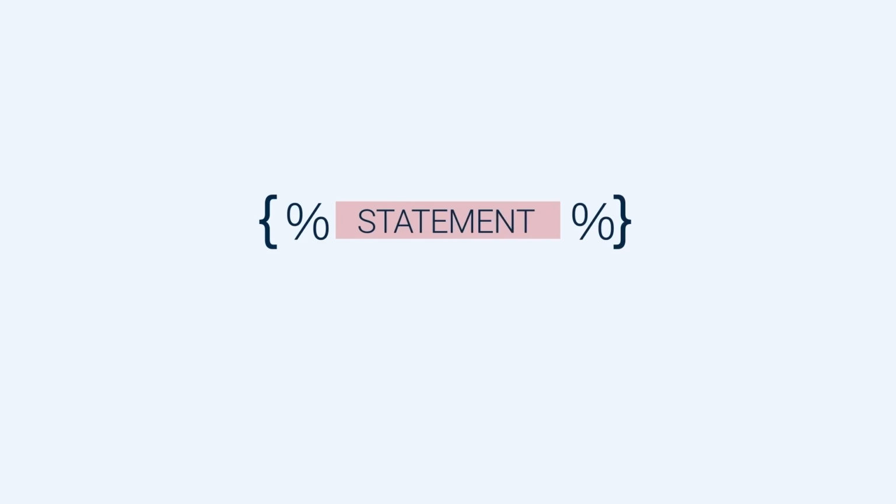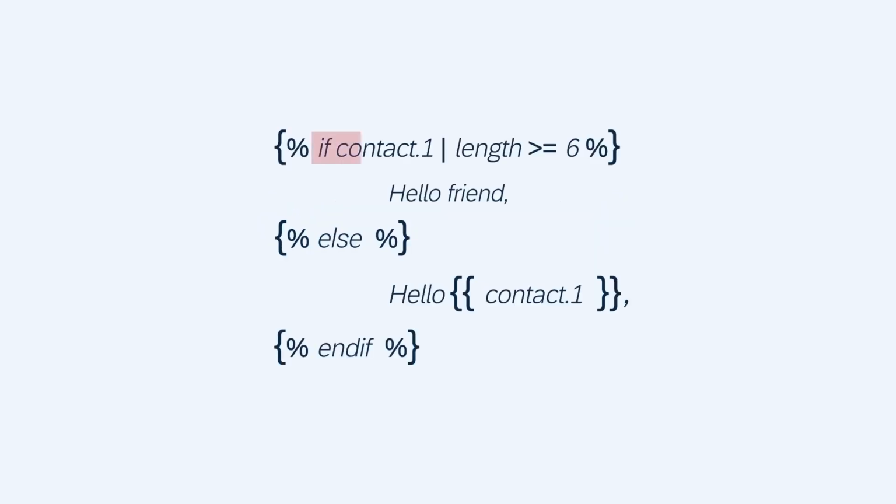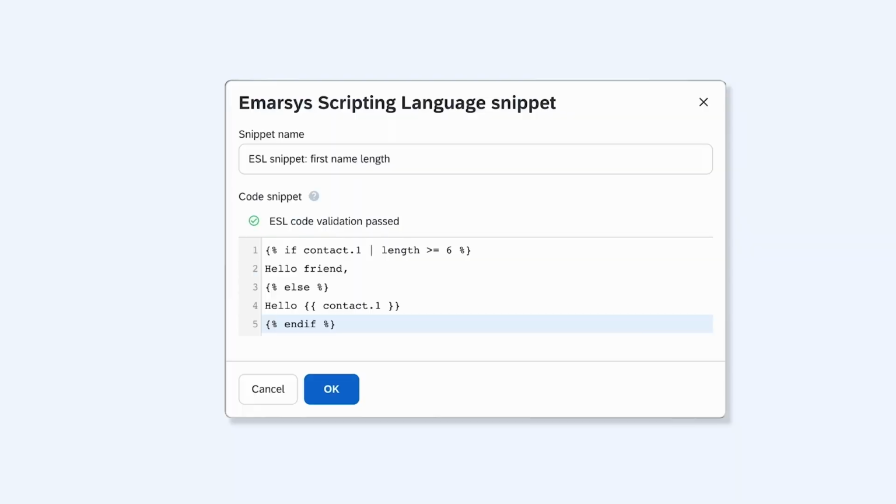Let me show you another example. If the first name of your contact has 6 characters or more, display the words, "Hello, friend." Otherwise, display, "Hello, first name." For that, I need to use the filter called length, which counts the length of the word. It looks like this.